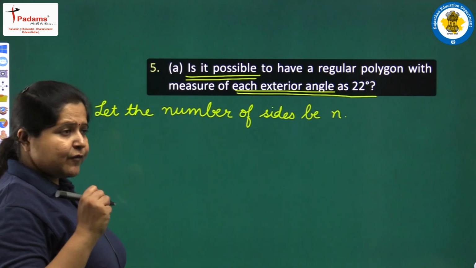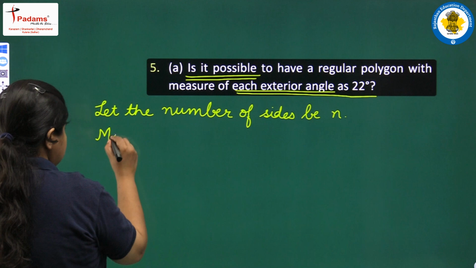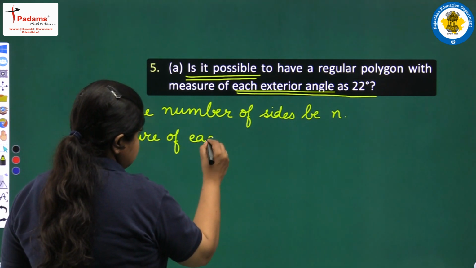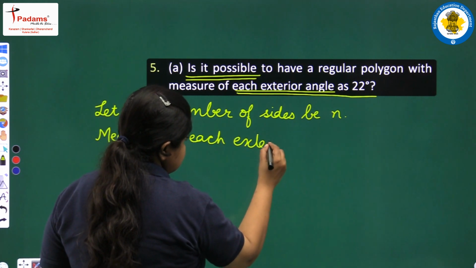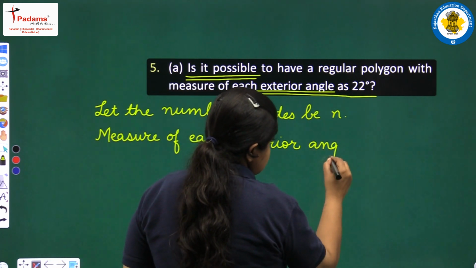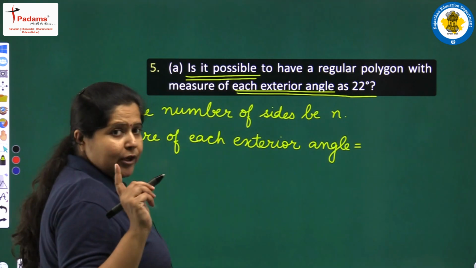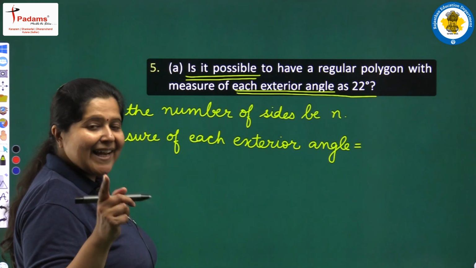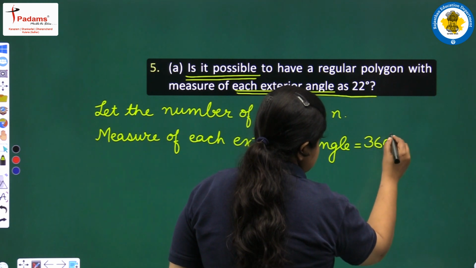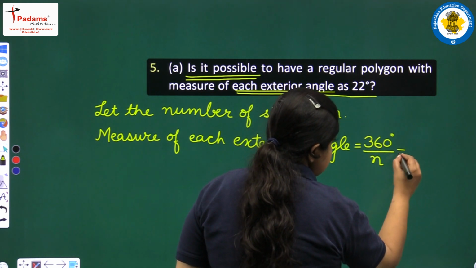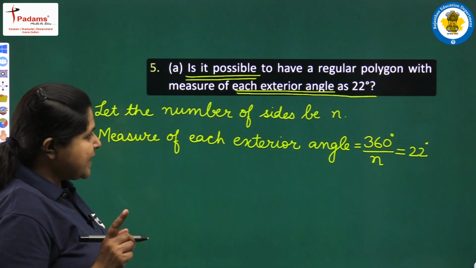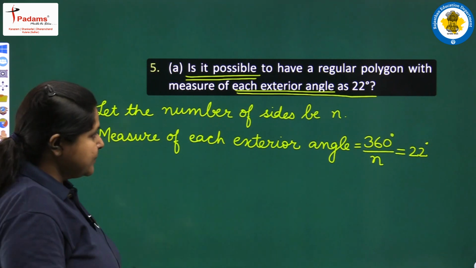So, we will start with its formula. Measure of each exterior angle is equal to, can you recall it? Yes, 360 degrees upon n, and this has been given equal to 22 degrees. From this, let us calculate the value of n.